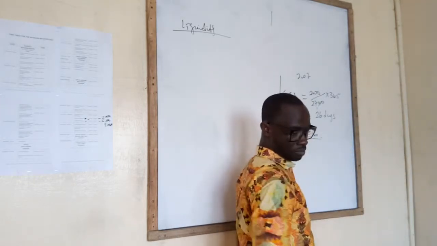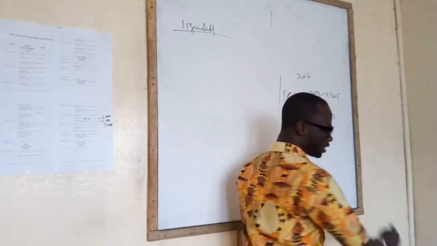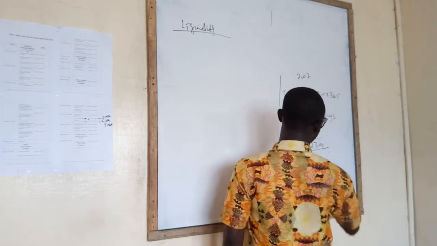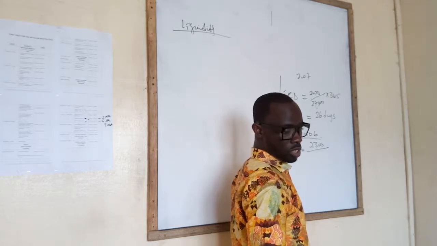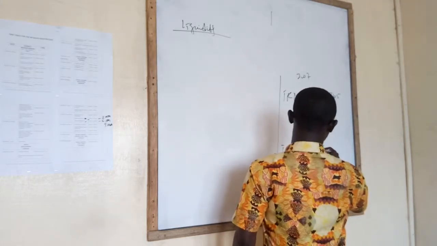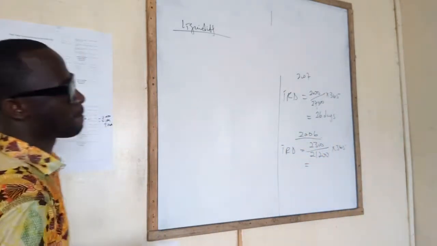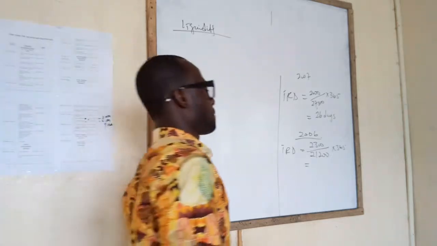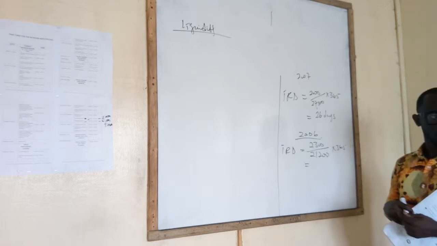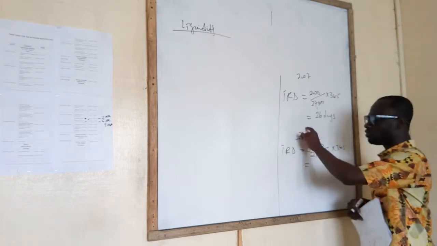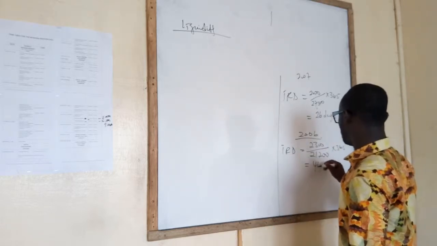For 2006, what do we have? 2,300 over 21,200 times 365. Still for 2006, how many days? 40 days.